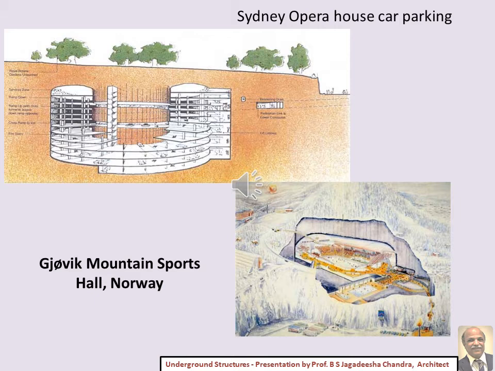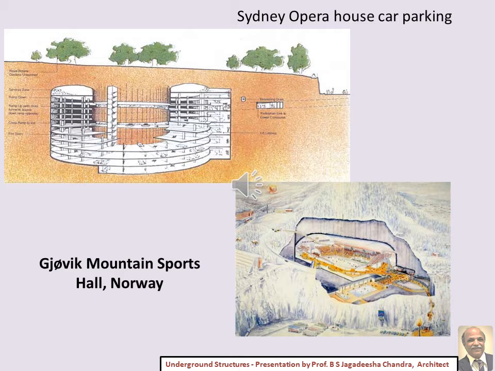In this slide, the top one, you can see a complete structure below the ground. This structure is the car parking for Sydney Opera House. The whole car parking, the whole structure, has been located below the ground. You can imagine the size, and how architects can construct so many huge structures below the ground.